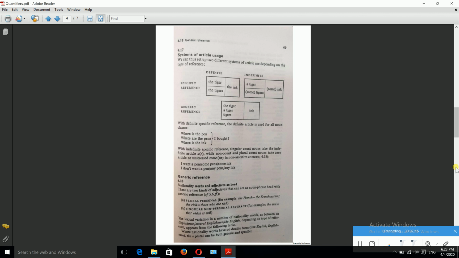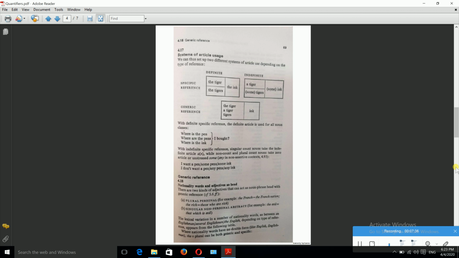Generic reference: nationality words and adjectives as head. There are two kinds of adjectives that can act as noun phrase head with generic reference. Plural personal, for example, the French, the French nation, or the rich, those who are rich.